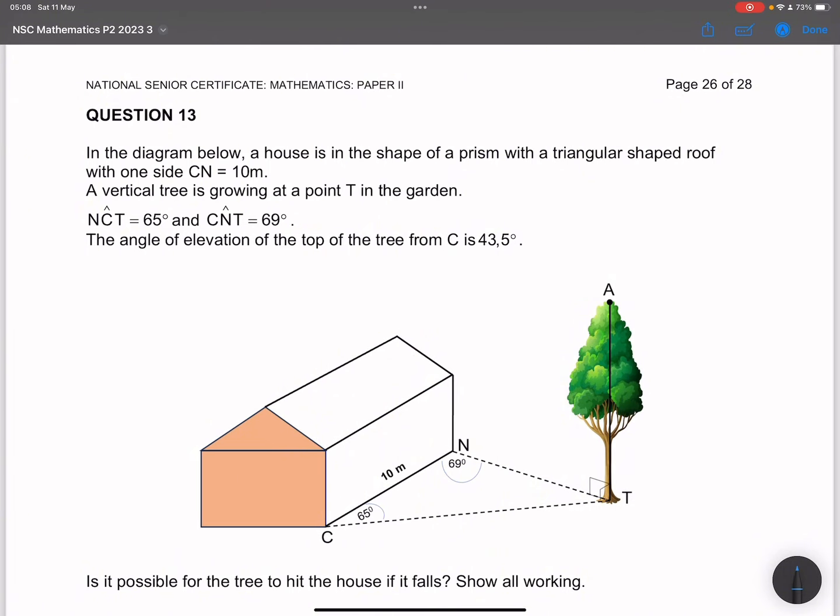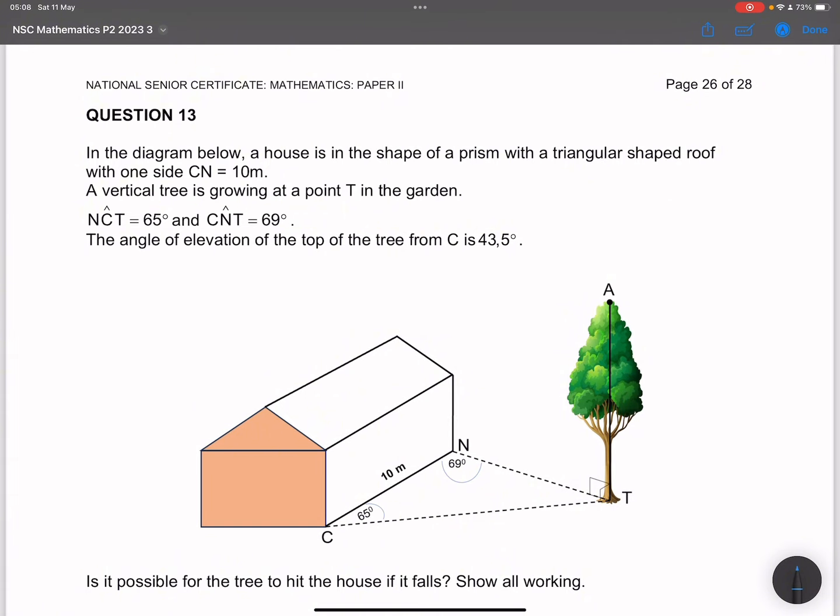So they say to us, in the diagram below, a house is in the shape of a prism with a triangular shaped roof, with one side CN equal to 10. A vertical tree is growing at a point in the garden, and they say NCT is 65 and CNT is 69, also indicated there.